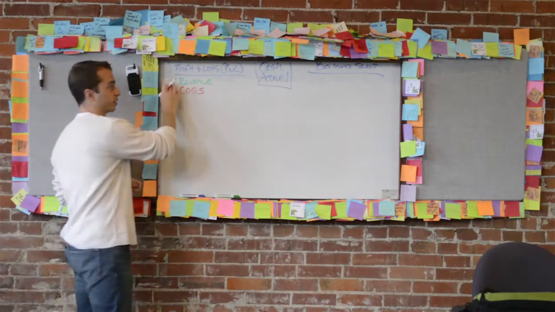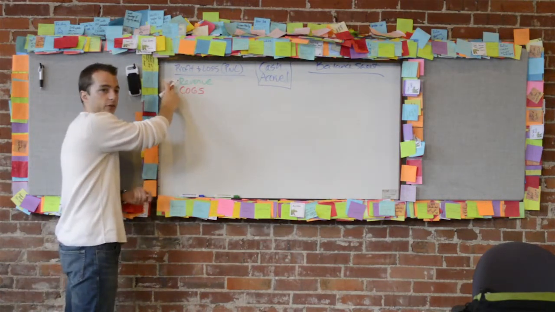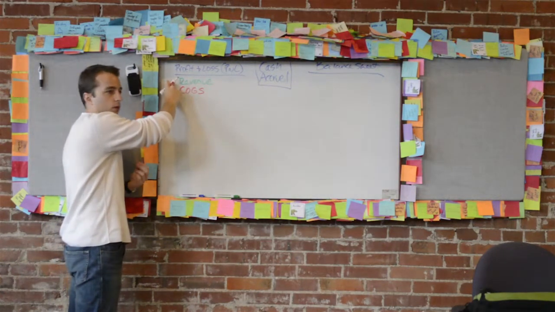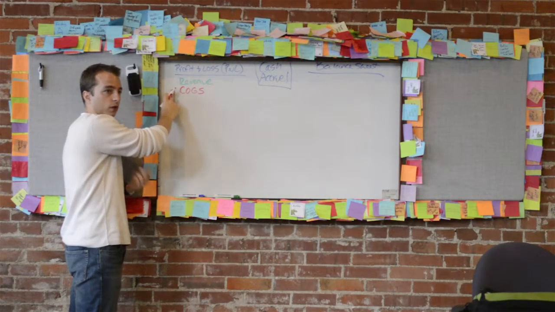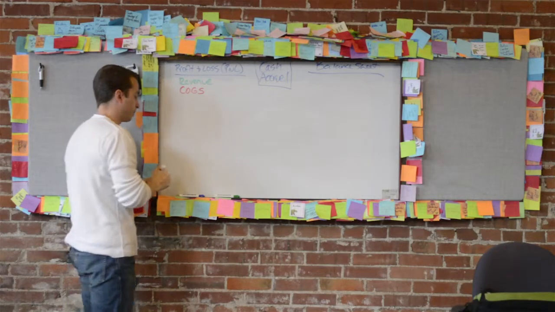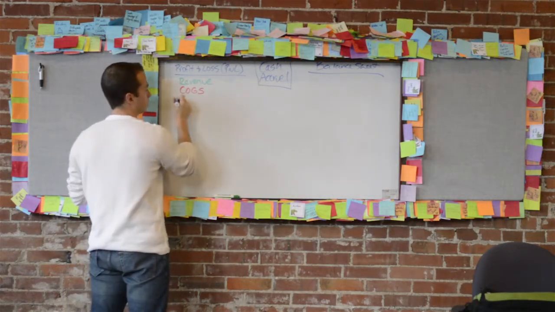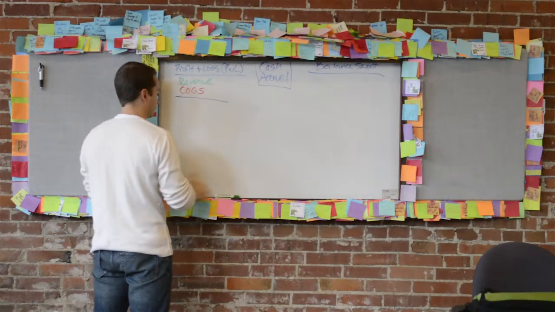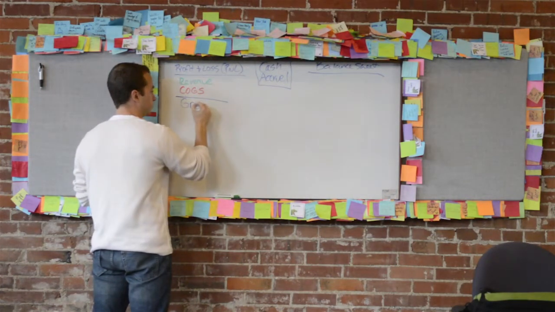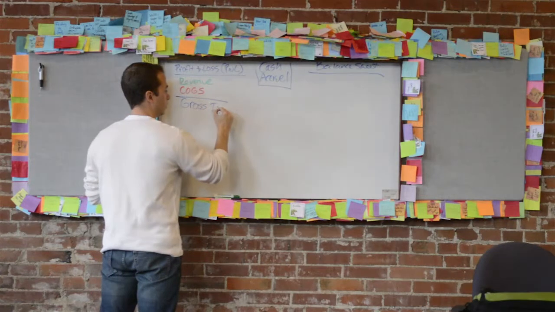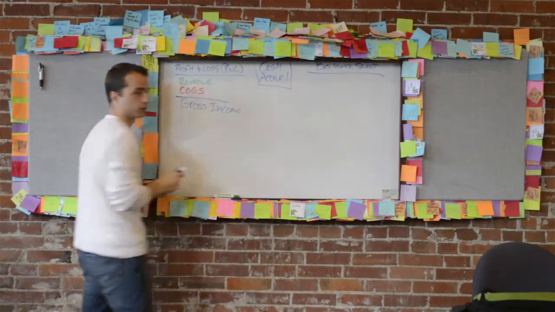So if we invoice $100 for an apparel order, and the cost of the goods sold are $50, then that makes our gross income the difference.